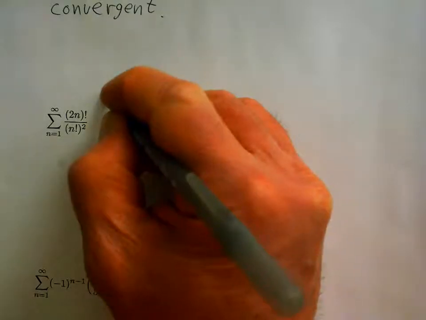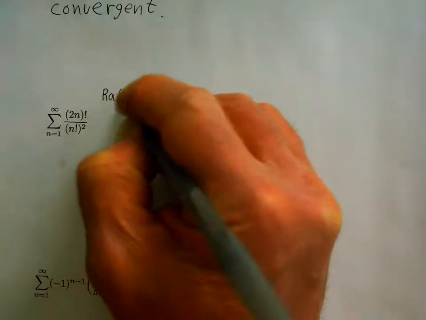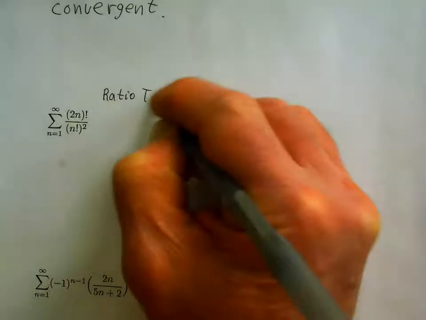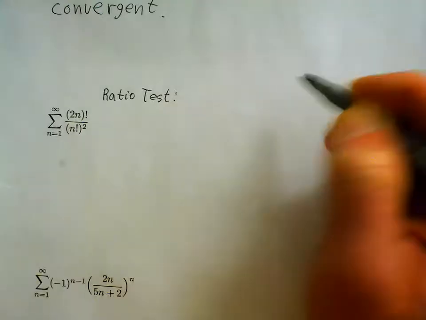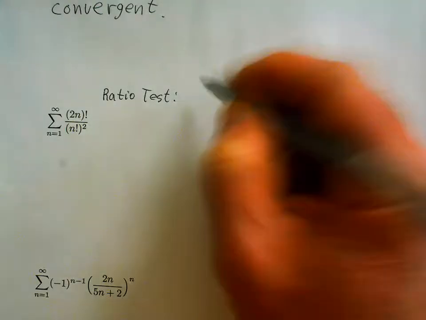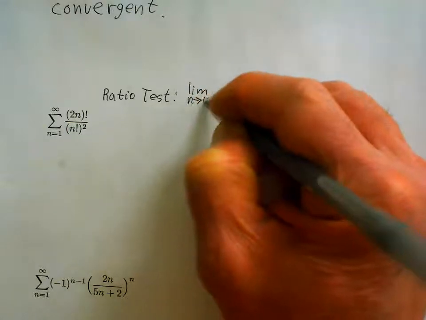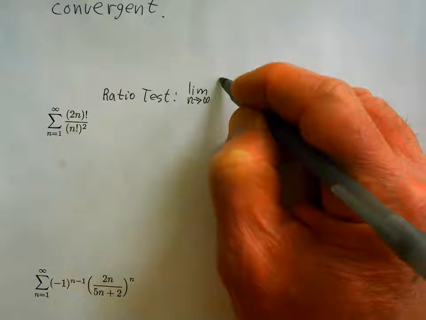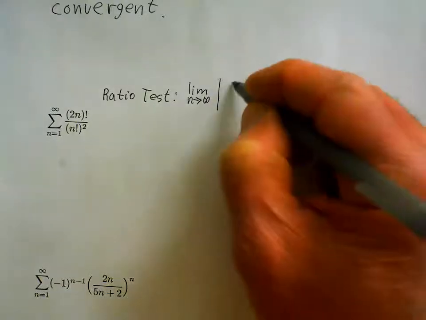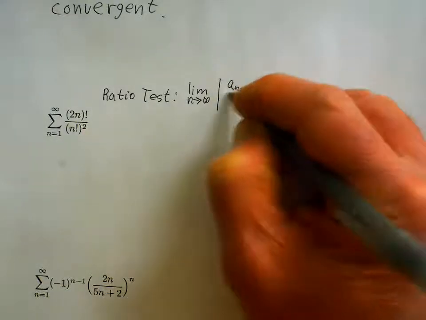Okay, let's try the ratio test. So remember the ratio test, compute the limit as n approaches infinity of the absolute value of a sub n plus 1 over a sub n.